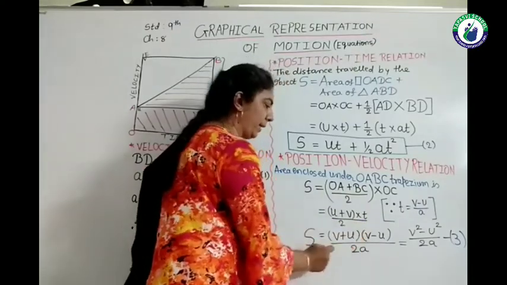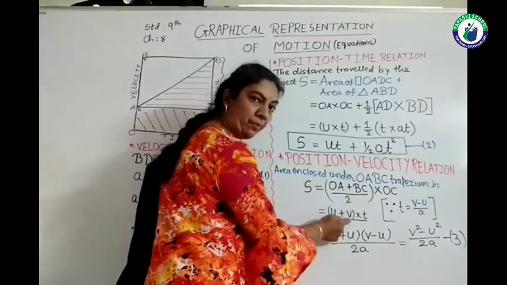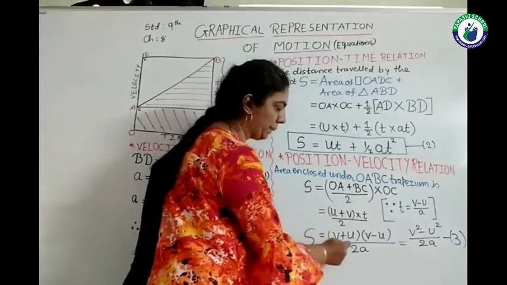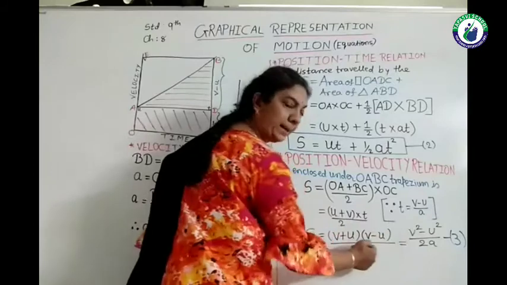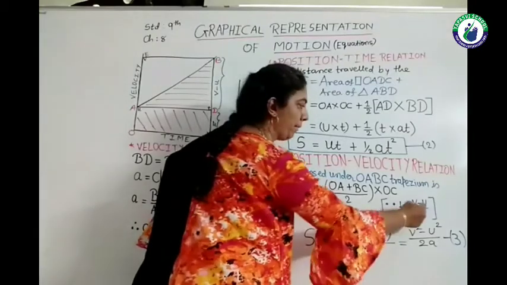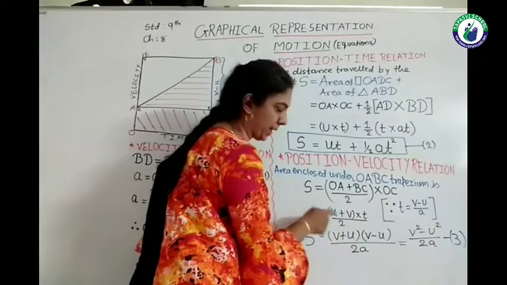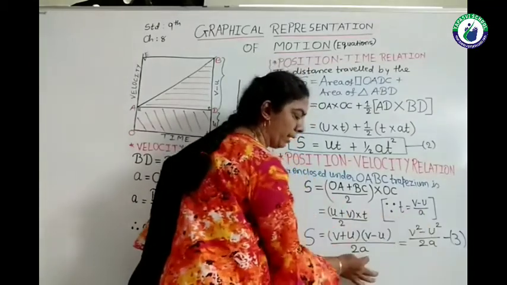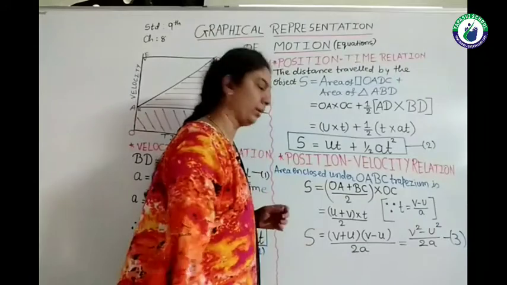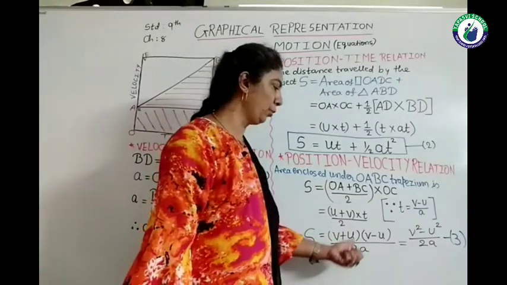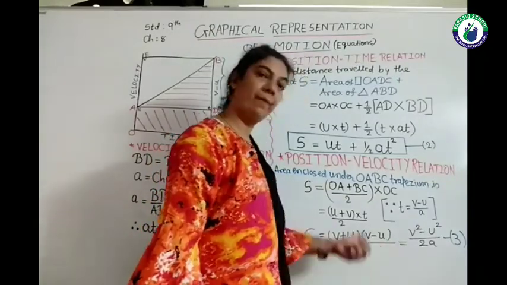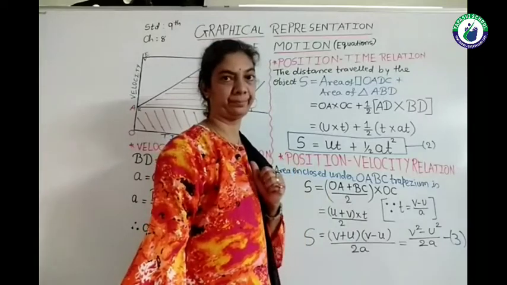And that's why I will get, already I had this v plus u. So v plus u, now this I have substituted. So v minus u, already I had 2 in the earlier step, and this a will be multiplied with that in the denominator. So I am getting v plus u, v minus u divided by 2a.